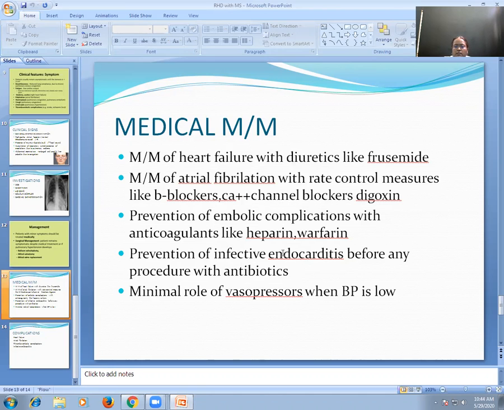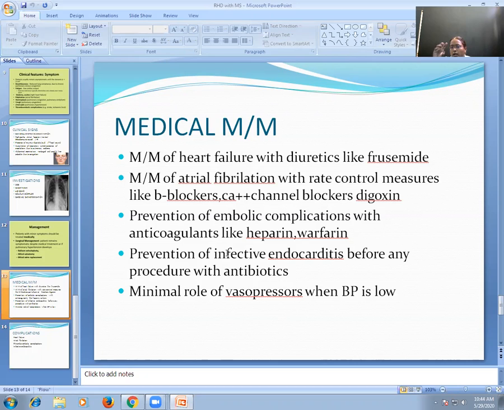Now, the next common complication is infective endocarditis, which we will discuss later in detail. Infective endocarditis is the infection of your cardiac walls by bacteria. As your cardiac walls and the surrounding endocardium are damaged, this damaged area is very prone to bacterial infection. That is called infective endocarditis.